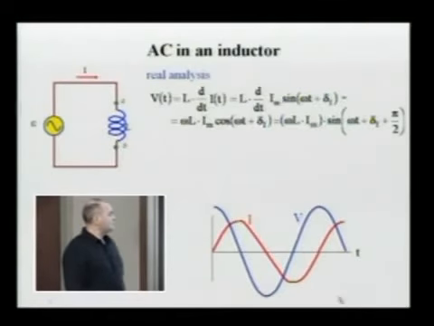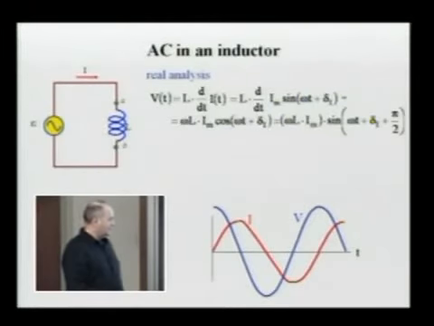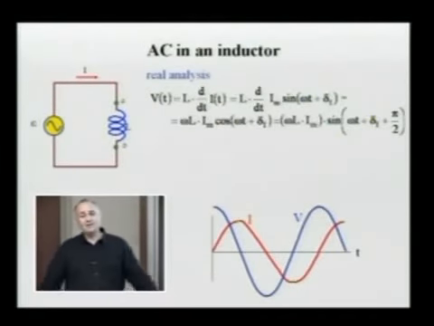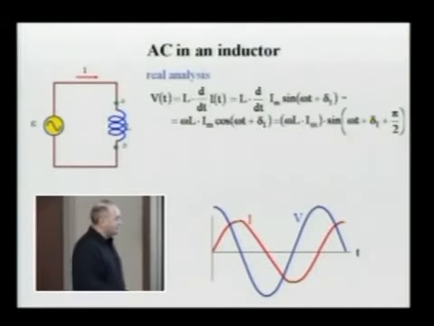Let's now choose another instant. How about this instant? What is the phase of voltage at this instant? How much? 0, correct. And this one? Negative pi over 2. 0 minus negative pi over 2 gives us pi over 2 again. Right.